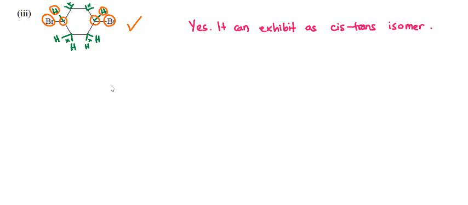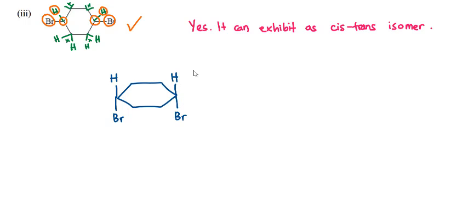Now, let's learn how to draw the cis-trans isomer for the cyclic compound. Just copy back the structure. I try to draw it as it looks on a plane. Just take out the atoms that are bonded to these 2 carbons. So we have 1 hydrogen and 1 bromine. The same goes for this carbon: we have 1 hydrogen and also 1 bromine.